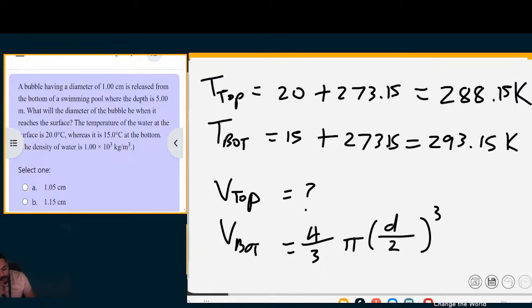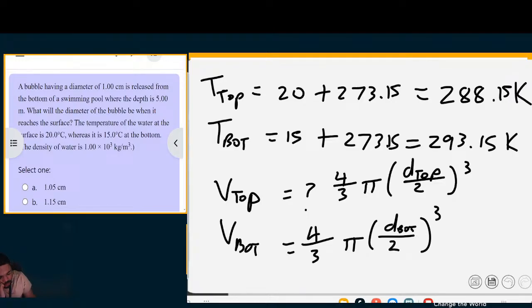Now, this is the diameter that's been given. It's the 10 centimeters that we will be filling in here. And we can calculate that in the exact same way. The volume at the top will be 4 over 3 pi, the new diameter, we'll call this diameter at the top, over 2 cubed. This is diameter at the bottom. Okay. So we want to calculate the diameter at the top.